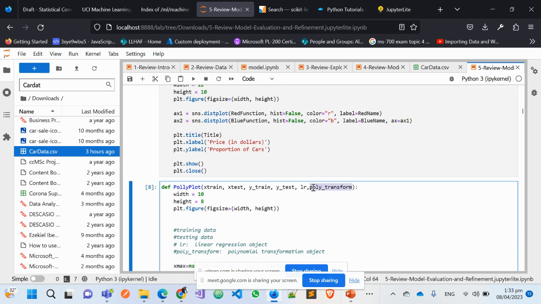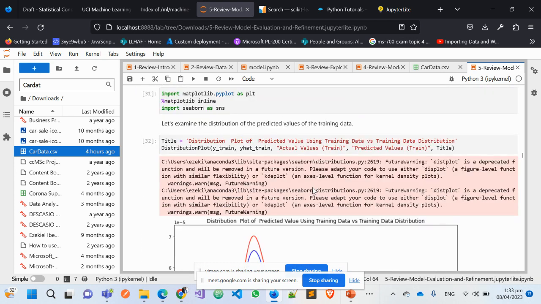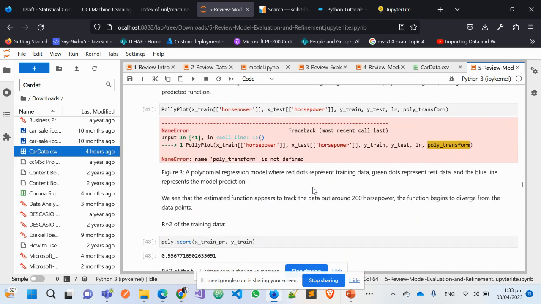Okay, all right, so here, okay, it's not defined. Everything is in place here.